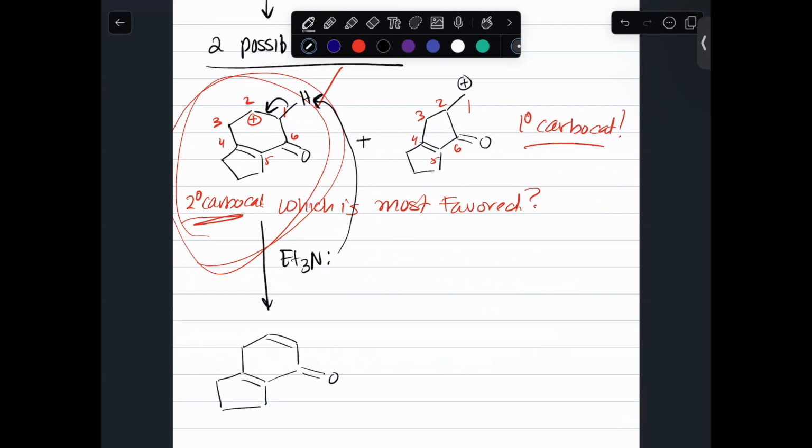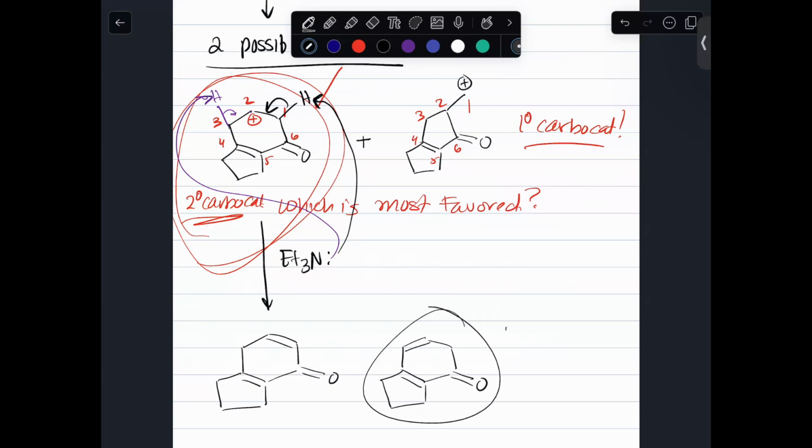Here's a question for you. Why didn't my triethylamine deprotonate at carbon 3? It's also next door to carbon 2, so why isn't that favored? Why isn't that favored to form the double bond there? Okay.